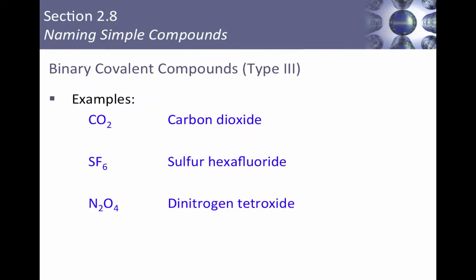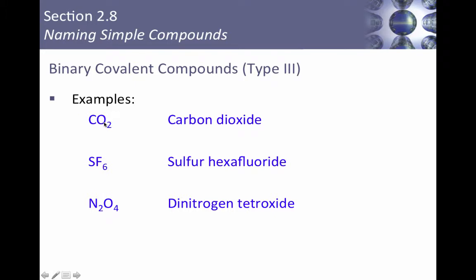Okay, so if we look at naming these covalent compounds, the first element gets just its name, so we have CO2 here. So we're going to write carbon as our first thing. And now our second thing is oxygen.